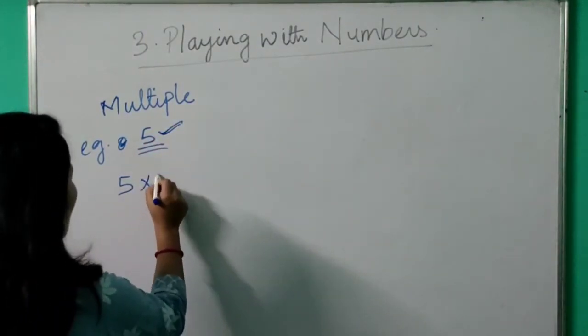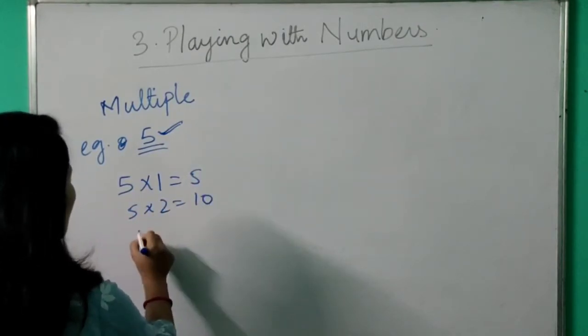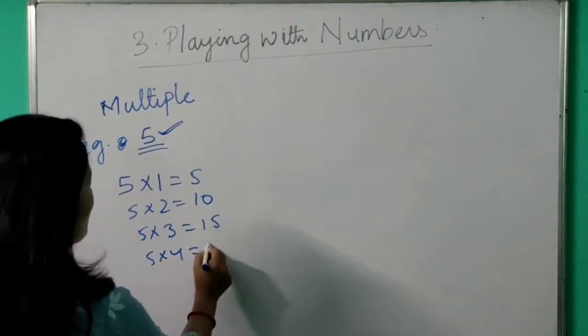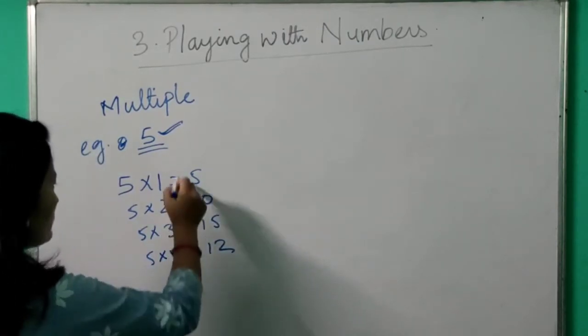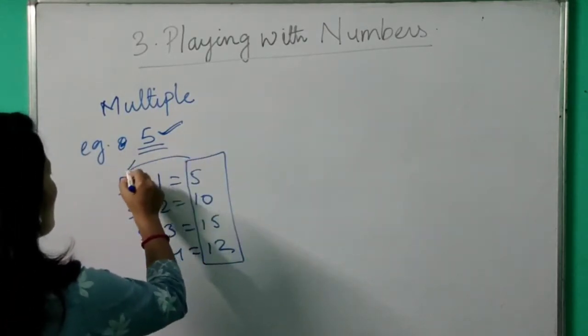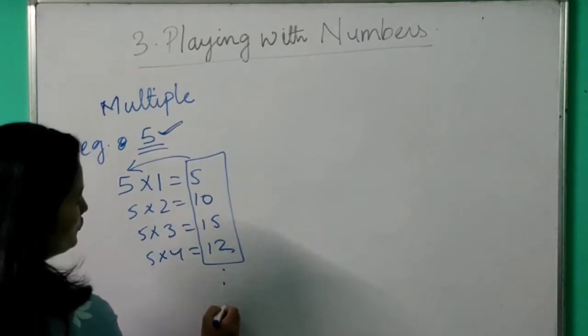So starting with 1, 5 ones are 5. Then 2, 5 twos are 10. 5 threes are 15. 5 fours are 20. So here you see the product that you get is the multiple of that given number. So henceforth you can continue.